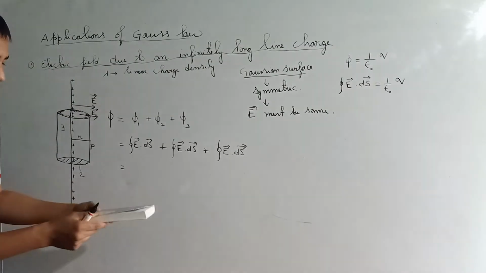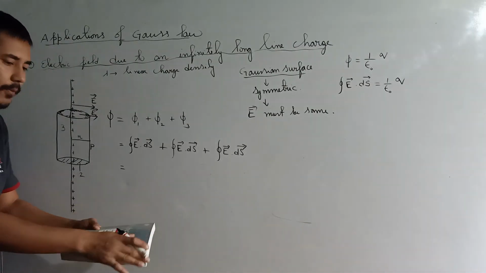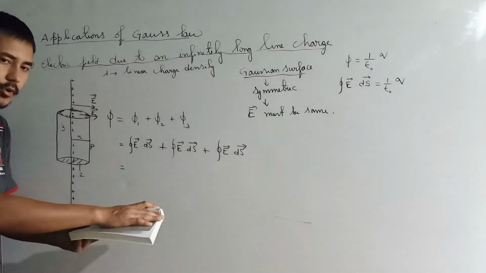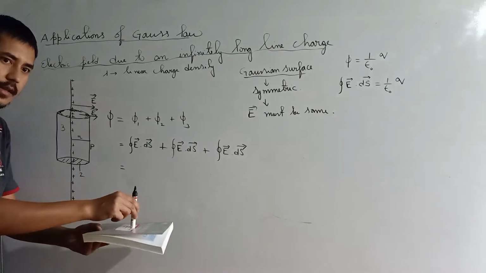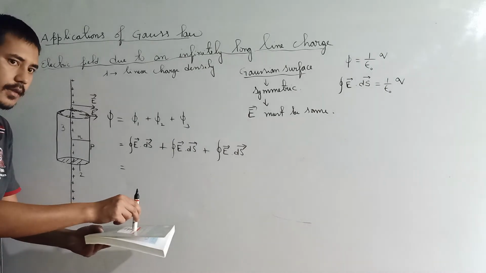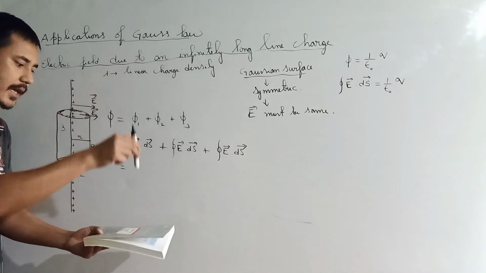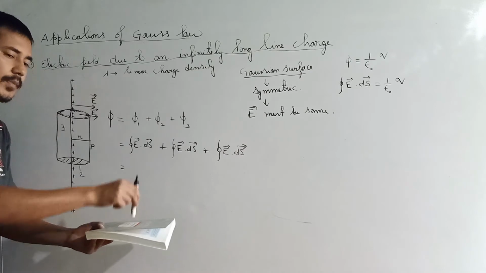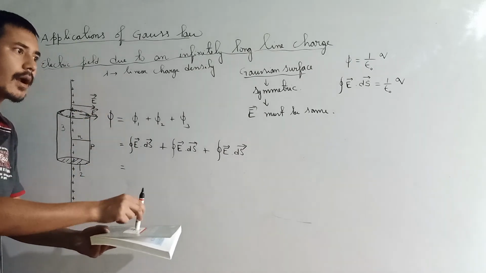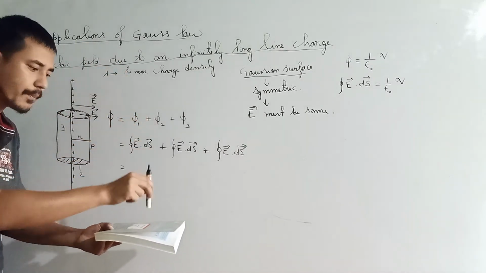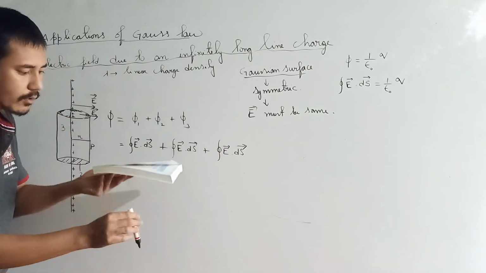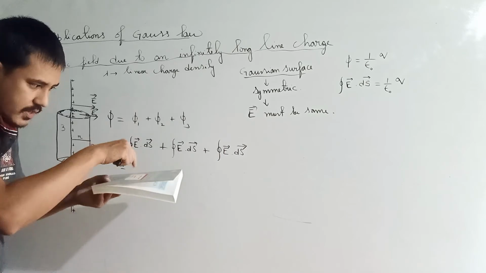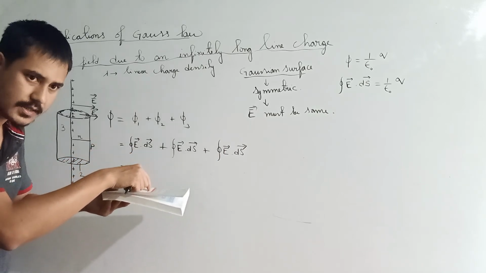Consider only the top surface. Then what will be the direction of the area vector? Area vector will be perpendicular upwards, perpendicular outwards. For a closed surface, it cannot be perpendicular downwards for this top surface, right? Is it okay? Yes.